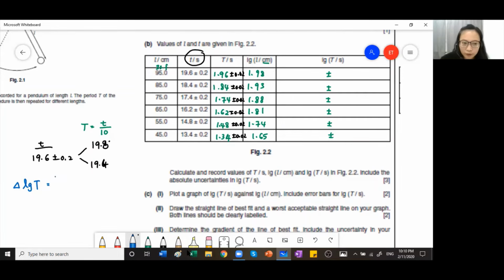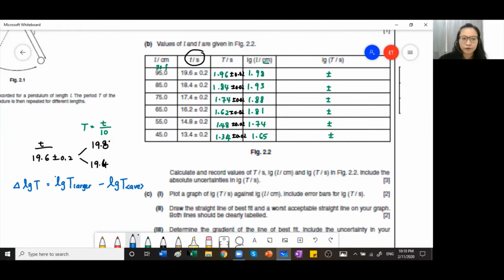Okay, I'll just put log t, the larger value of log t minus log t average. You get what I'm trying to say? The 1.96 that we wrote there means the average value of the period.